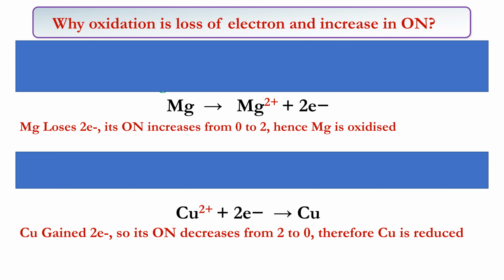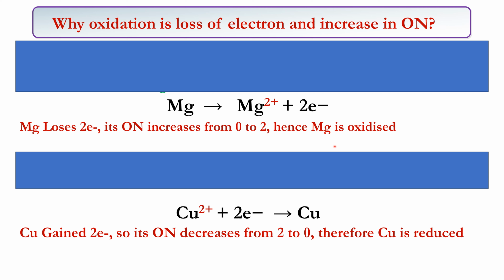So for magnesium, when it loses 2 electrons, its oxidation number increases from 0 to +2. Hence, we say that magnesium is oxidized.